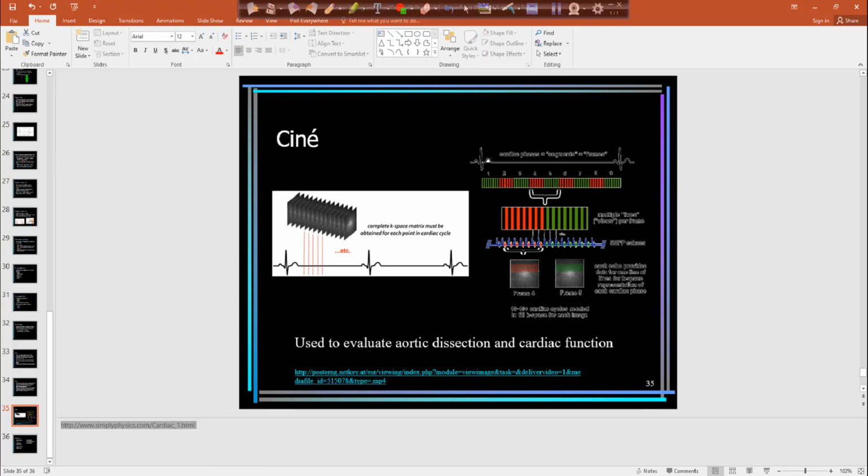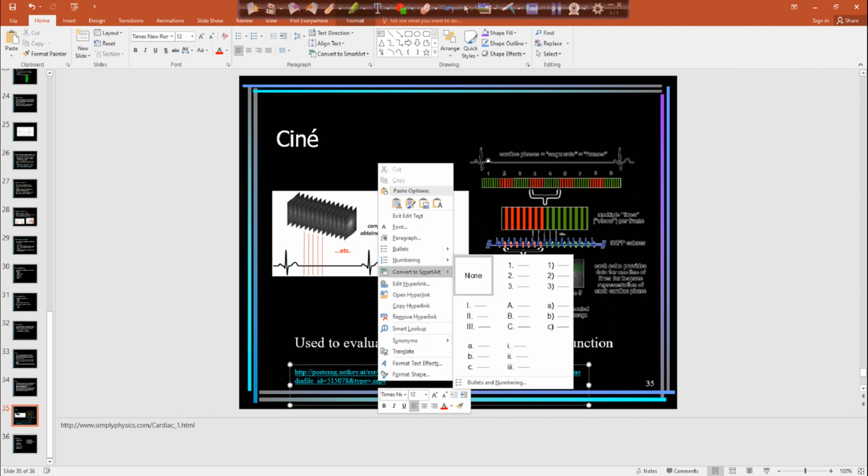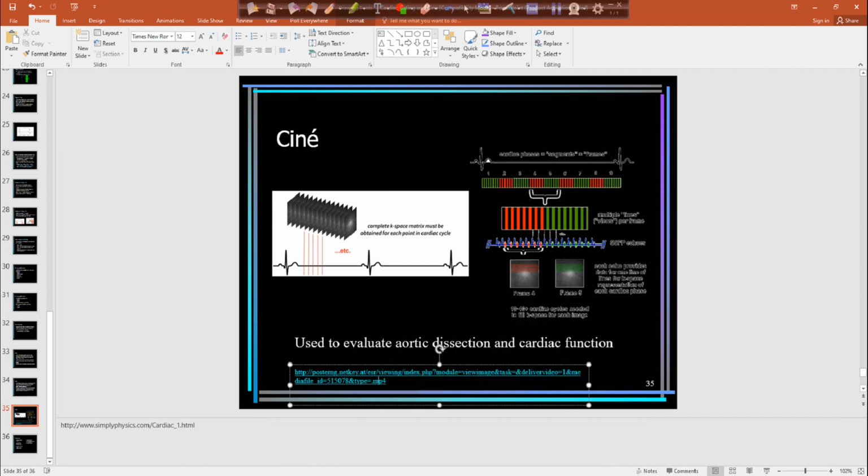These are the different views. Oh, here. So here is a two-chamber view. It's very fast, but you can see all the different phases of basically one beat of the heart.